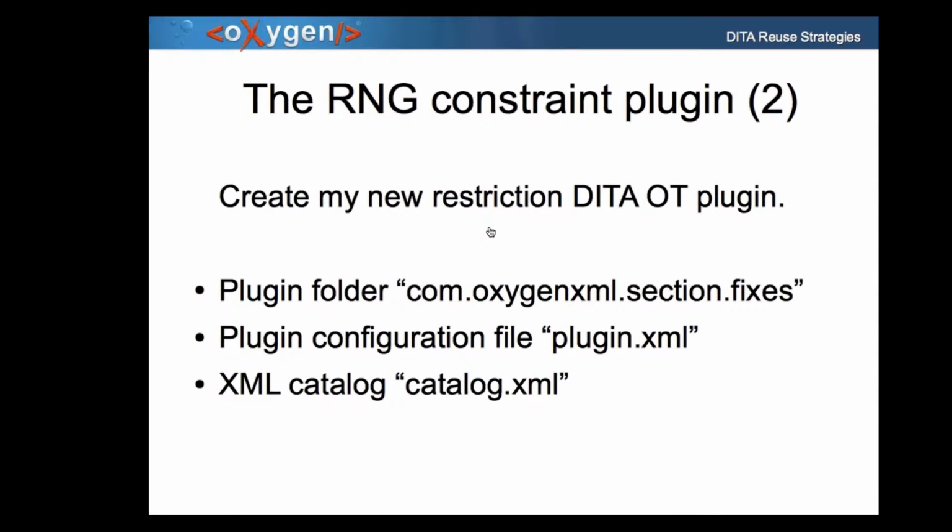So what we'll do now, we'll create a plugin folder for my specialization plugin. I named it com.oxygenxml.section.fixes. It has a plugin configuration file, plugin.xml, and then an XML catalog.